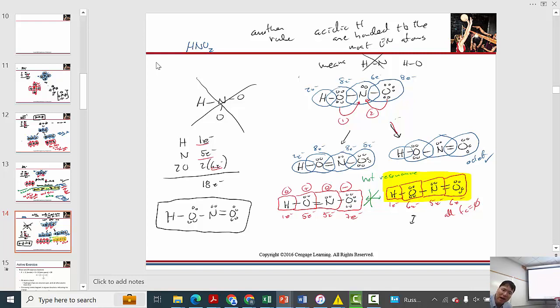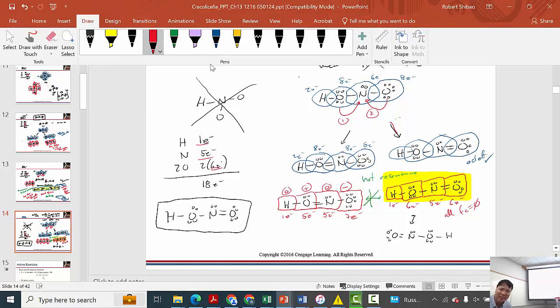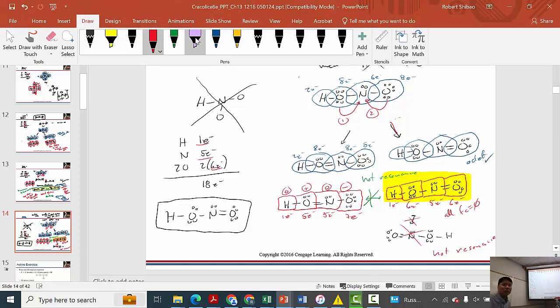And so if I bond the hydrogen on the other side, that is, I flip this molecule around, this is not resonance either. Not resonance. For resonance, we need the atoms to not move.